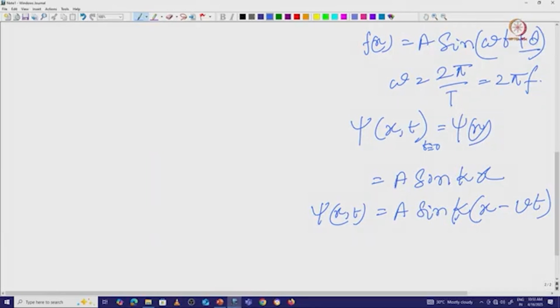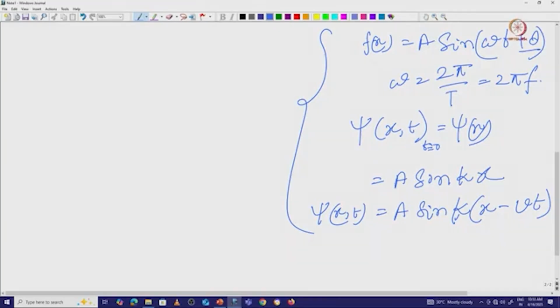I am trying to bring the time function also here, so the x distance and the time both play an important role. Those formulas at this moment are not very important, but they are very basic formulas. If we want to write any wave, we can write it as either a sine curve or a cosine curve, based on how the wave starts and which direction it is going.